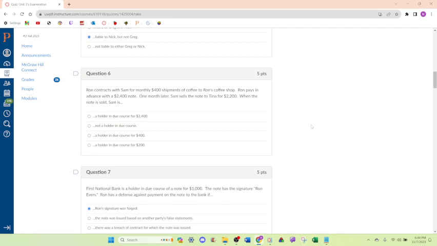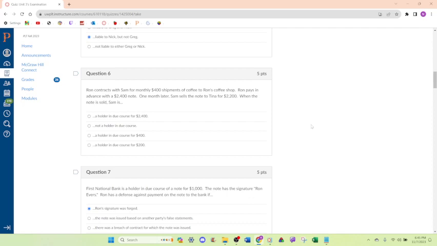I know he is or was a holder in due course when he received the note, but when you sell the note, do you continue to stay a holder in due course? That doesn't make sense. Like if you sell it for less, sold it for $2,200. I don't think that makes any sense.